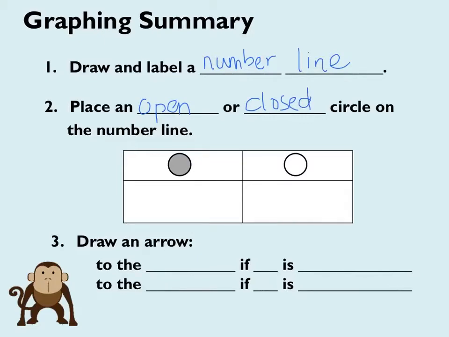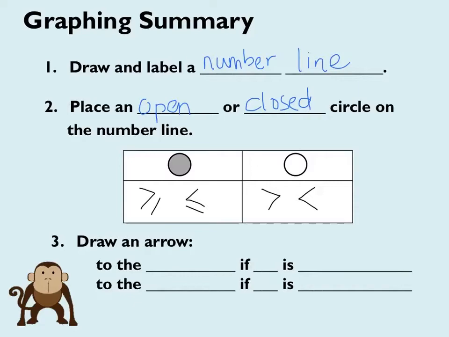You use a closed circle when you have greater than or equal to, or less than or equal to inequality symbols, because those solutions are actually included in the solution set. You use an open circle when you have greater than or less than inequality symbols, because that point would not actually be included in that solution set.